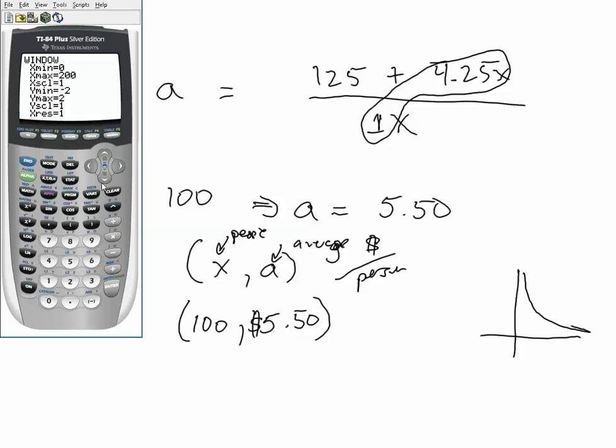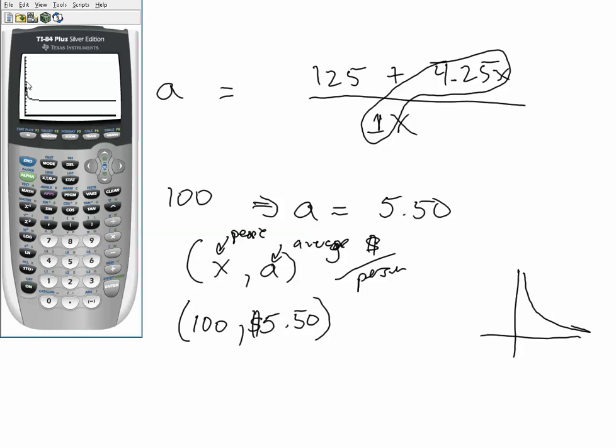I'm going to look at from 0 to maybe 3,000 people, just to really see what happens in the long run. I noticed that the costs seem to converge towards $4.25 per person, but that I had costs as high as about $17, so I'm going to graph that and see what it looks like. And there it is.